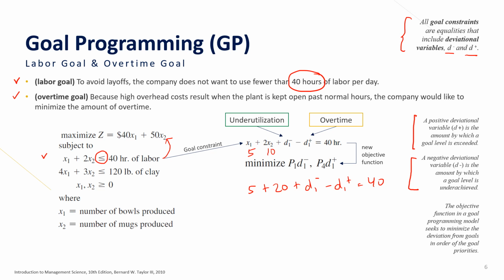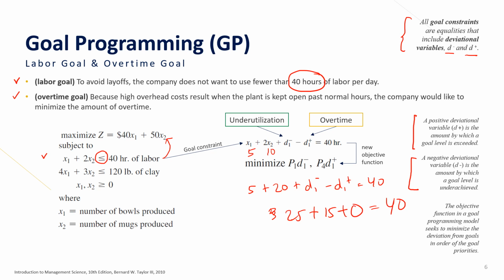We will decide, based on the objective, what we want to do with d minus and d plus for d1. Here we have 25, so the amount is underutilized relative to 40. So d1 minus, the deviational variable in which the goal is underachieved, will have a value of 15 to make up 40, because 25 + 15 = 40, and d1 plus will be equal to 0.